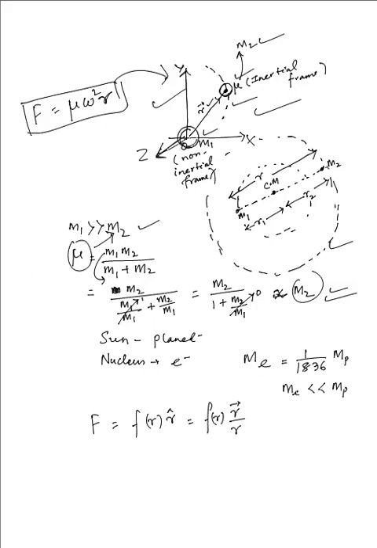Now, with this r vector or r cap, what we get to know is that in case the force is attractive, it will be directed towards the center for sure. And in that case, the r vector, which gives me the position of the reduced mass, is directed outwardly.